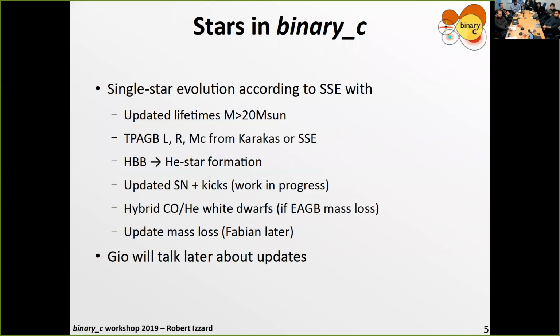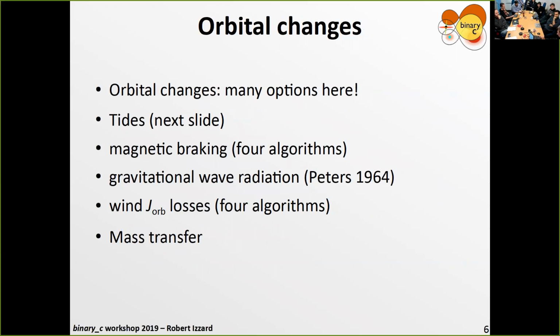Hopefully Fabian can talk about that tomorrow because I think he's got a meeting today, but he'll be here tomorrow. He helped me with that. I've also put in things like hybrid carbon, oxygen, helium white dwarfs. This is when you strip an early AGB star. You're left with a core that is made of carbon but has a thick helium layer on the top. And so you actually get different white dwarfs in those cases. And there are updates to the physics which are coming, and Gio will talk about that tomorrow. I don't want to go into that too much today.